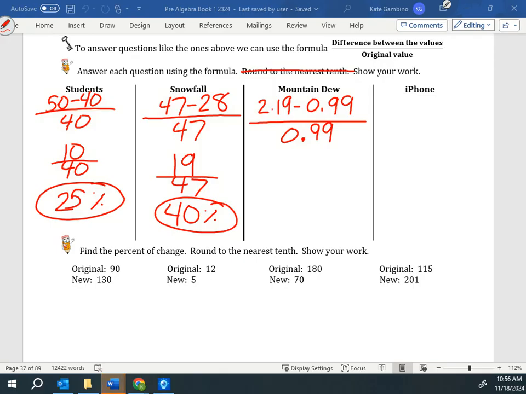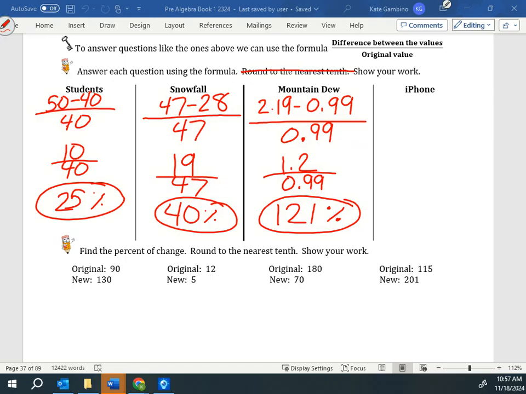Sorry, 1.2. 1.2 divided by my 99 cents. What is 1.2 divided by 99 cents? LJ? 121%. Whew. That is a major increase in price. It's gone up 121%. We can see there's a huge difference between 99 cents and $2.19. So that percentage is going to be a big percentage change.